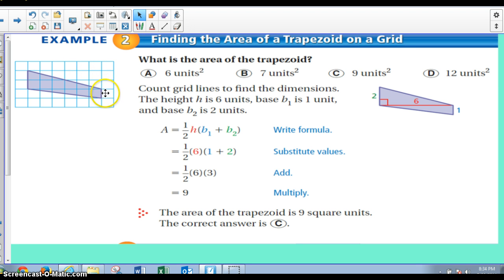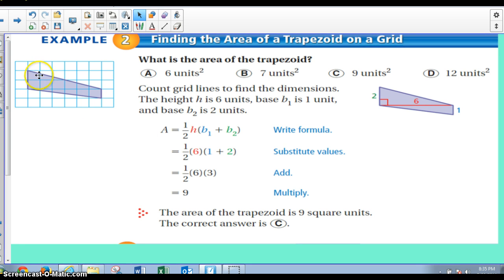The two bases, because remember, in a trapezoid, the two bases are different sizes. So this and this cannot be a base. This and this, because they're two sizes, are your bases. So if you need to flip your paper to make it make more sense, go right ahead.